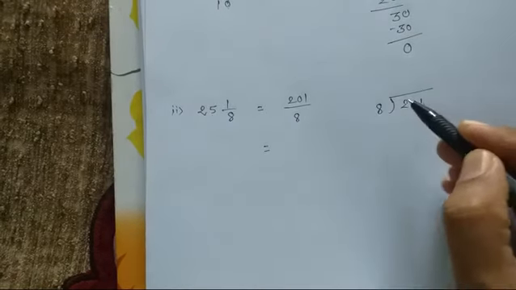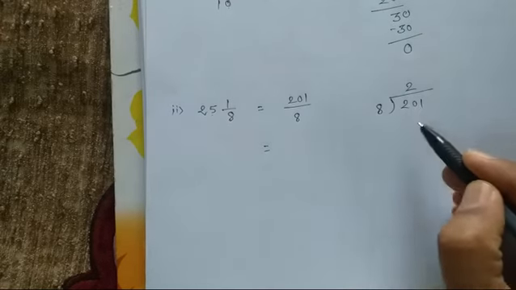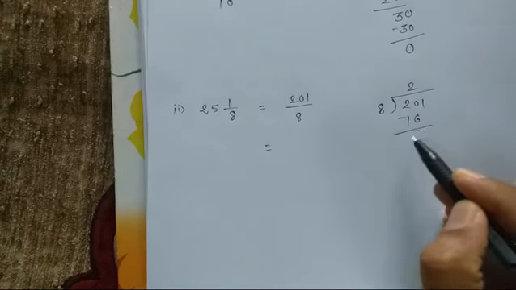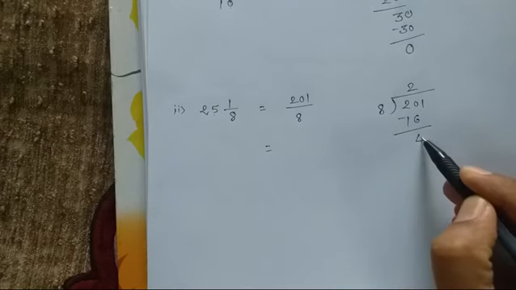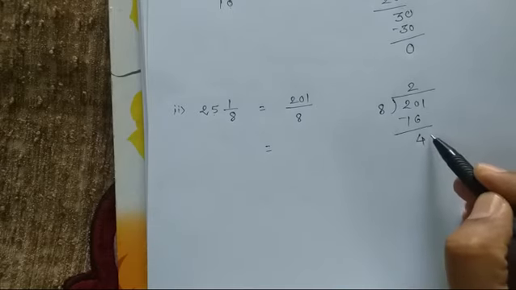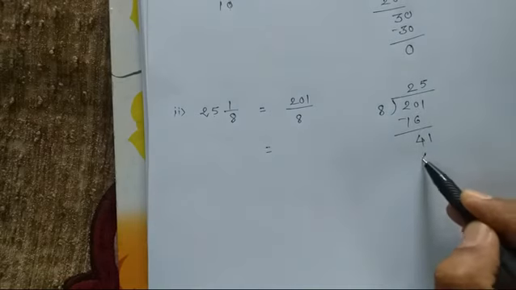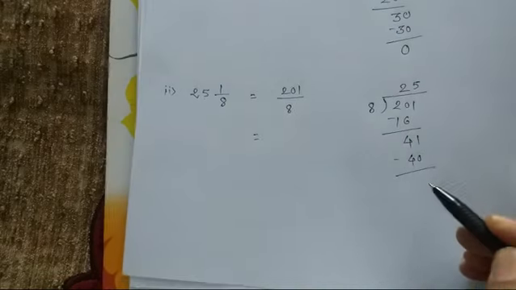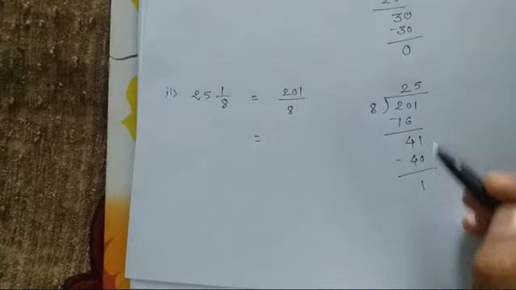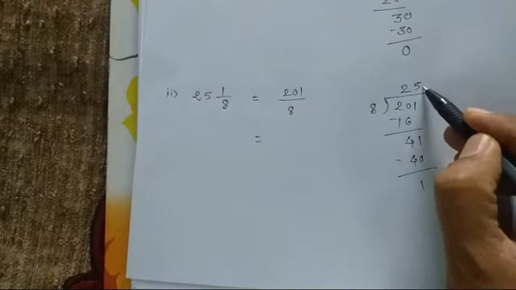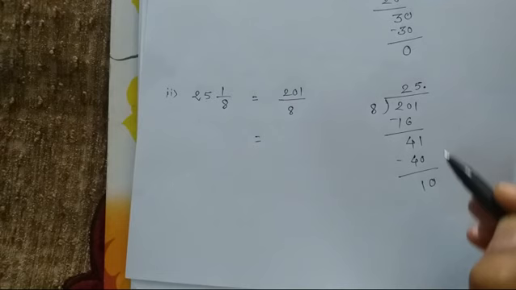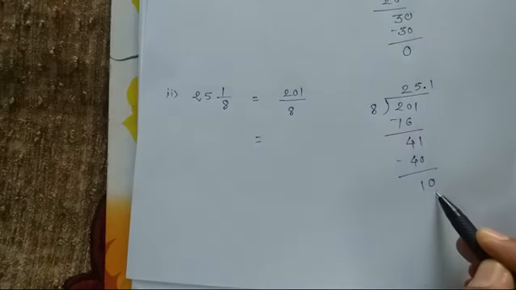So let's divide. 8 ones are 8, 8 twos are 16. 20 minus 16 is 4. Let's carry the 1 here. Then 8 fives are 40. Remainder is 1. Now we cannot divide this 1 by 8, so give the decimal point and take the 0 here. 8 ones are 8.